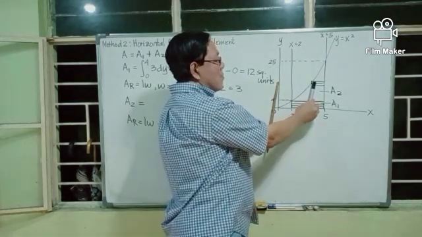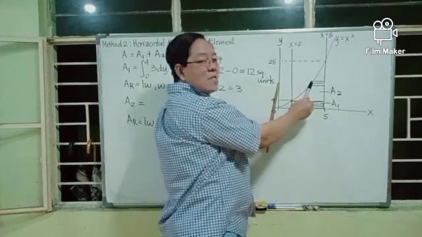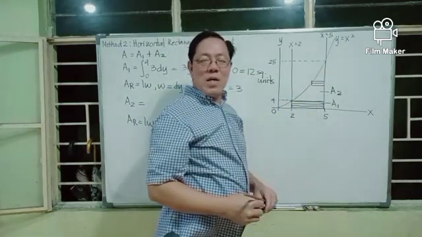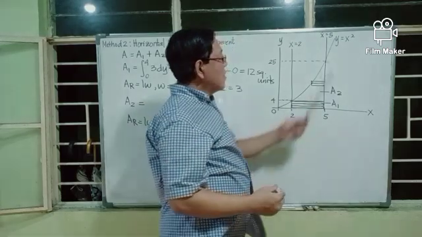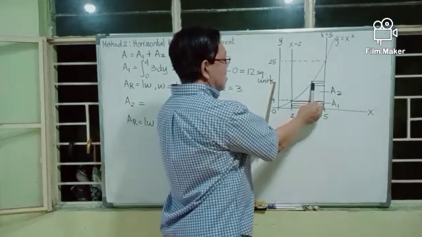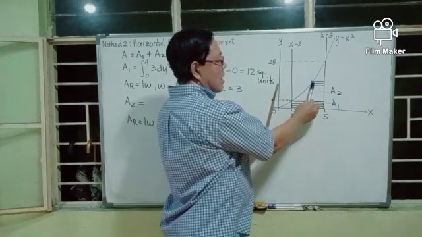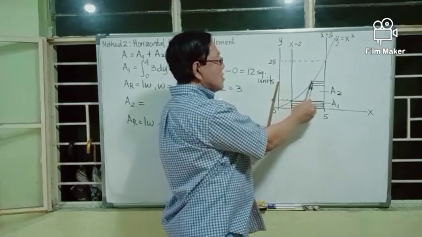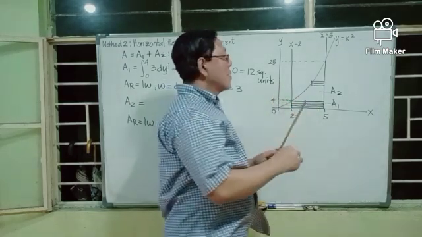We can find this value of x. You can see that this point is a point on the parabola, and the parabola has equation y equals x squared. From y equals x squared, you solve for x. So you can get this value of x at this point, which is actually the distance from the y-axis to this point, and that is x.